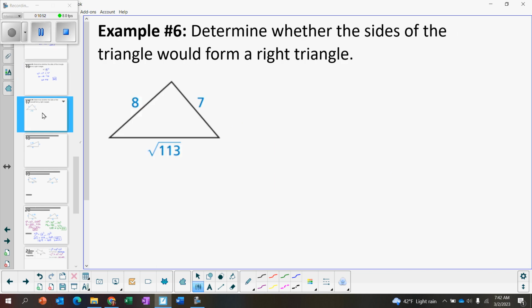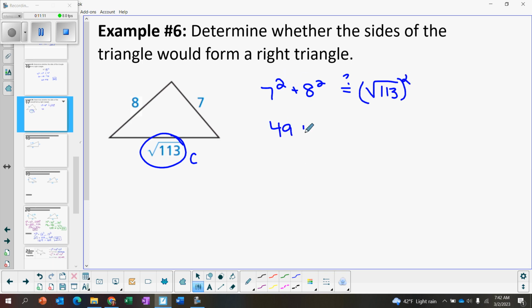All right, here I have 8, 7, and the square root of 113, which is the biggest side because it's over 10. So I'm going to use that as my C. So 7 squared plus 8 squared is, I don't know, equal to the square root of 113 squared. So this is 49 plus 64.